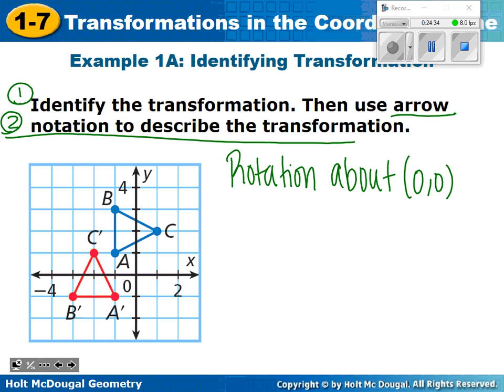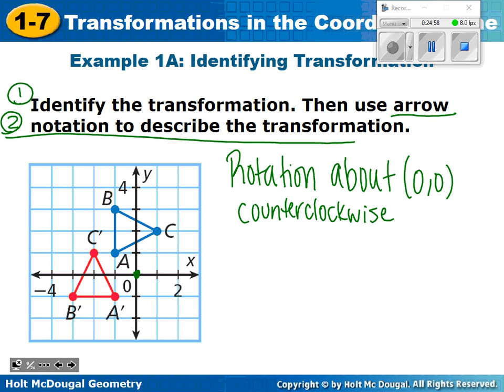What's the direction? Okay, we're going to go from blue to red, so we could go the shortest way to the left, which is counterclockwise. And how far? Okay, so remember, I'm going to keep it pretty easy on the first ones. It's going to be increments of 90. So when we look at this, if you're not quite sure, remember the trick you can use. Draw in your origin.